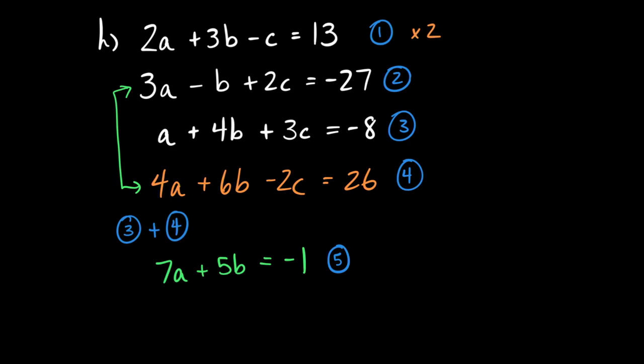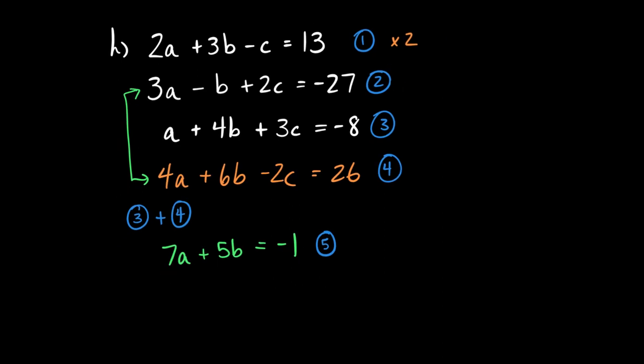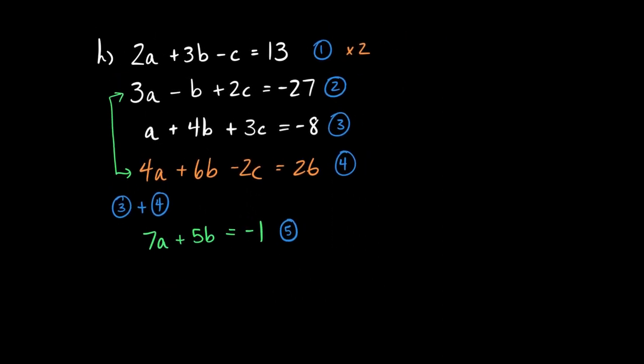Okay, now this is where some stuff gets ugly. I'm going to shrink down my system because I'm going to need some more room. Okay, I just used a combination of 1 and 2. That means I can't use that combination again. 1 and 2 was used up. So now what I'm going to do is I'm going to focus in on 1 and 3 to eliminate the same variable, eliminate our c.